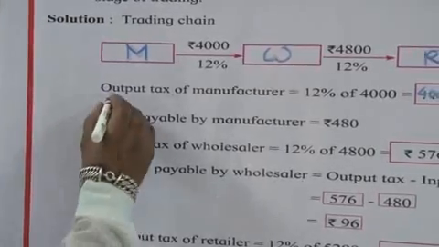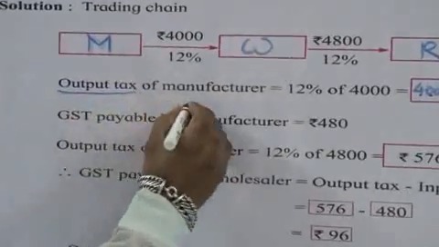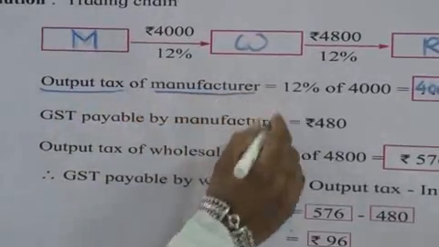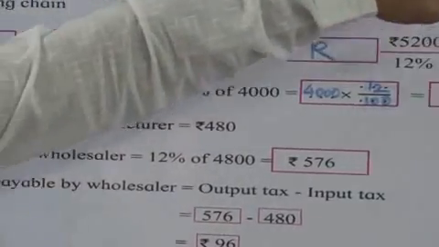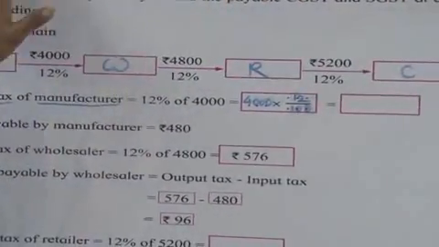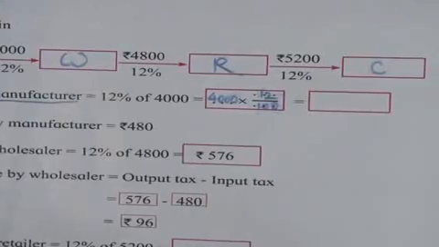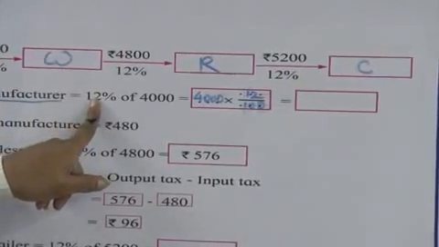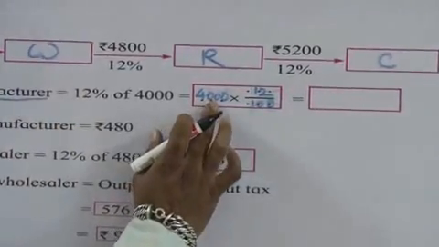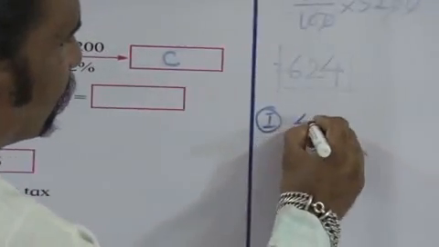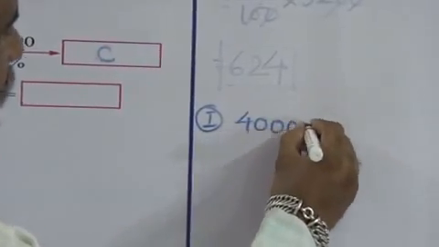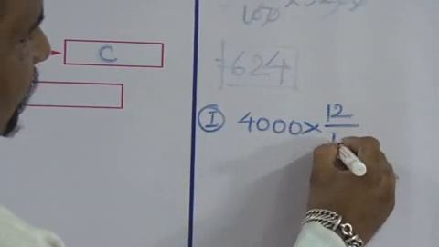This word output tax is very important. It is paid by the manufacturer. 4,000 is the cost of that cycle from manufacturer to wholesaler, that is the first chain, at 12% GST. Therefore 4,000 into 12 upon 100.